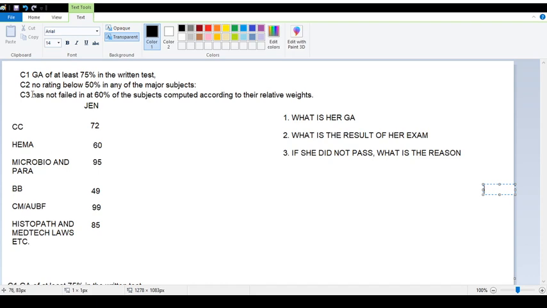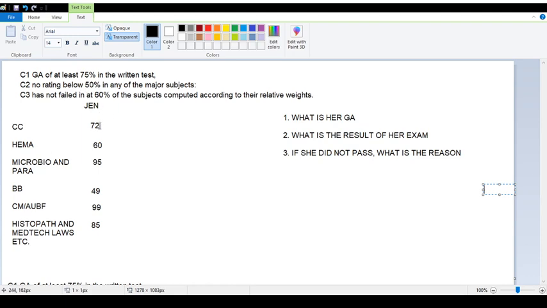Criteria number three, that is has not failed in at least 60% of the subjects computed according to their relative weights, which means that she or he must pass in at least 60%. Like for this one, let's check if she was able to pass criteria number three.